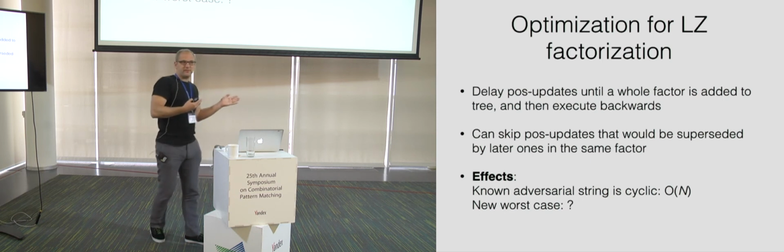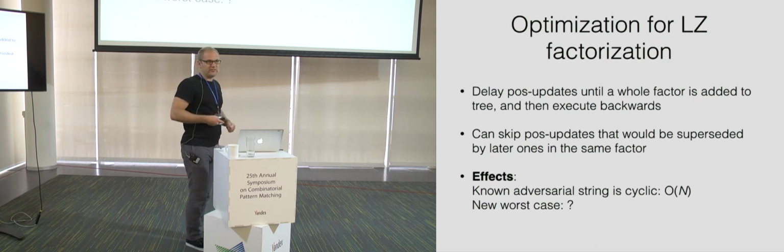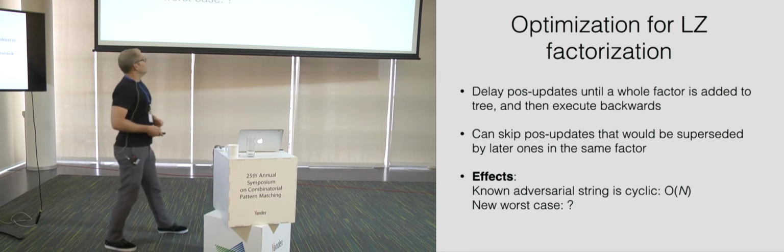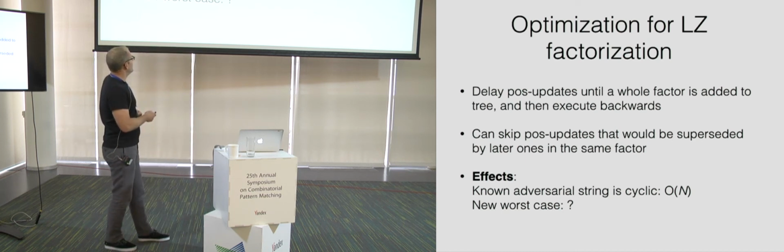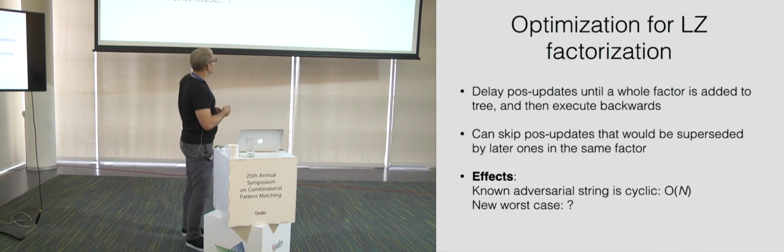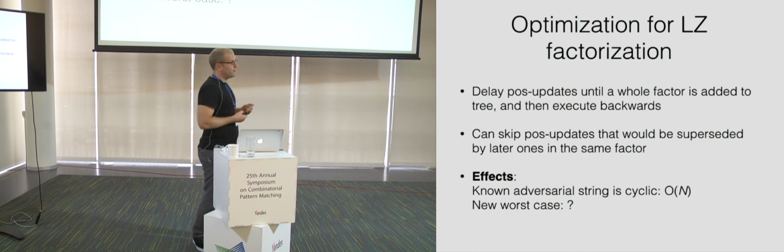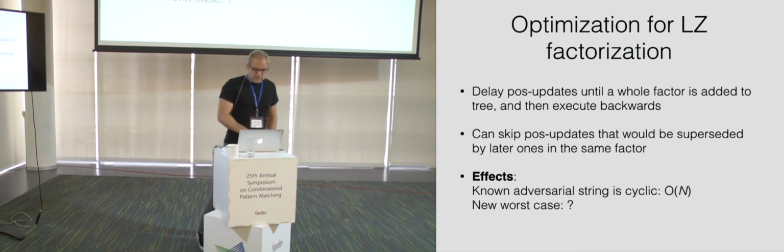And that saves us some updates because we can avoid updating the same value twice or several times in the same iteration. And actually, I don't know what the time complexity is then. It destroys the worst case that I've found for the original algorithm, but I haven't been able to deduce the exact time complexity.